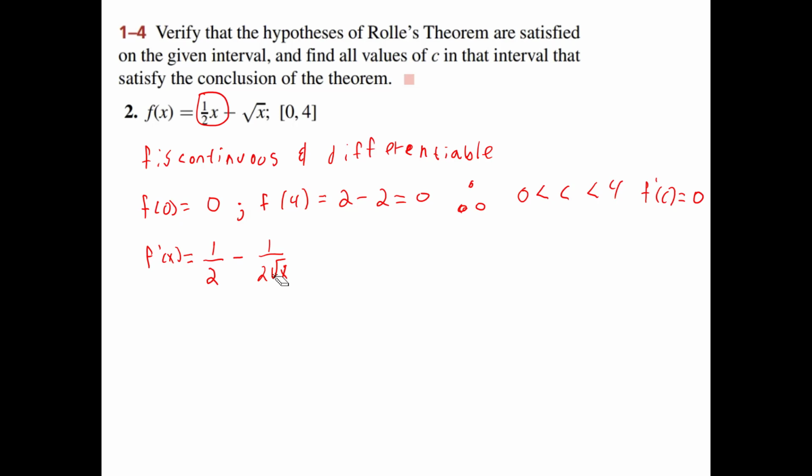And then we just figure out what makes it 0. We find the 0 is equal to 1/2 minus 1 over 2 square root of x, right? We can add the 1 over 2 square root of x to both sides and get 1 over 2 square root of x is equal to 1/2.